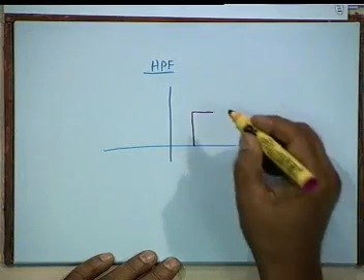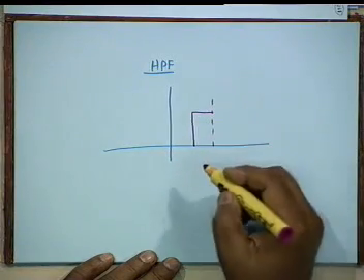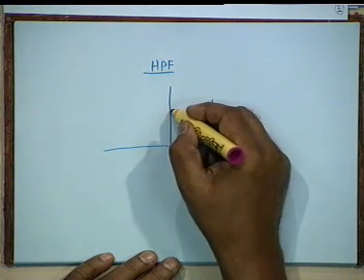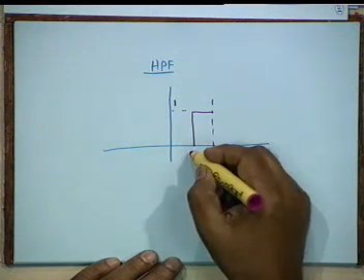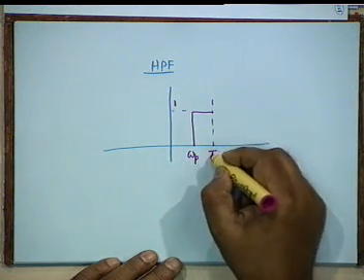Okay, let us look at a high pass filter design by windowing, HPF. For HPF, you must take the specs carefully, you must not make a mistake. For HPF, we want a unity amplitude between omega p and pi.